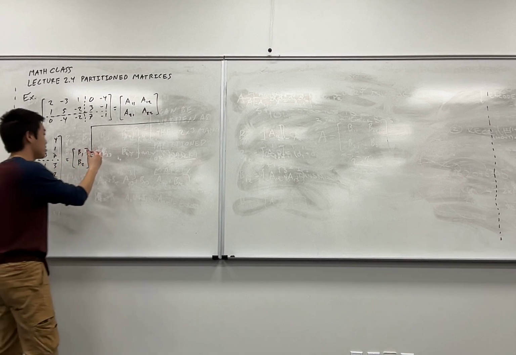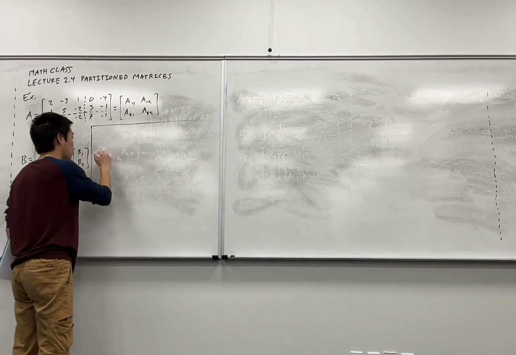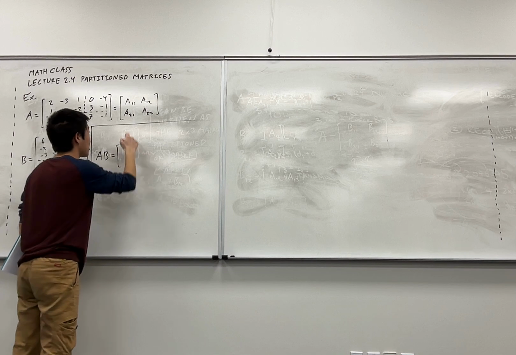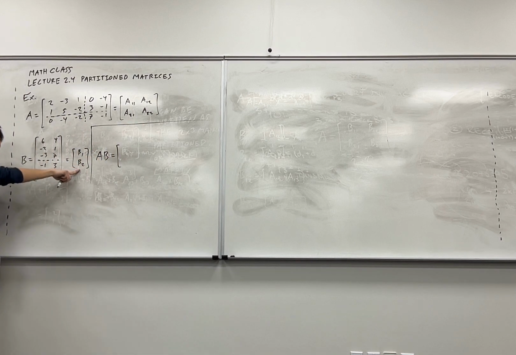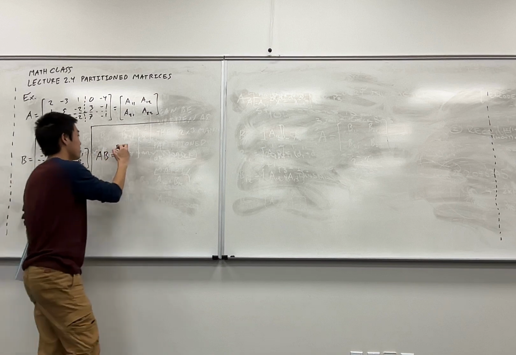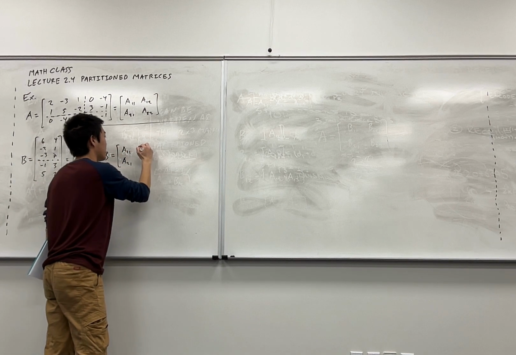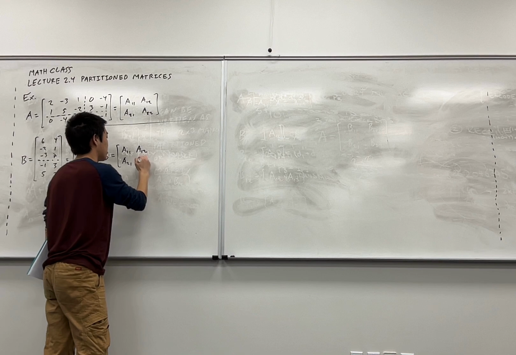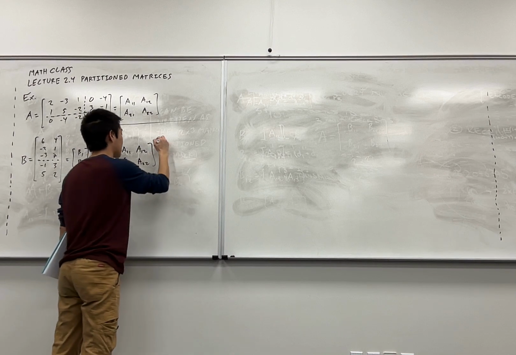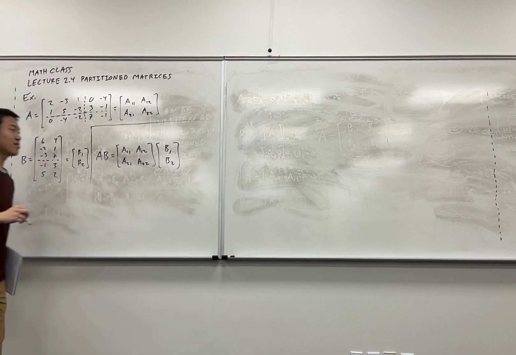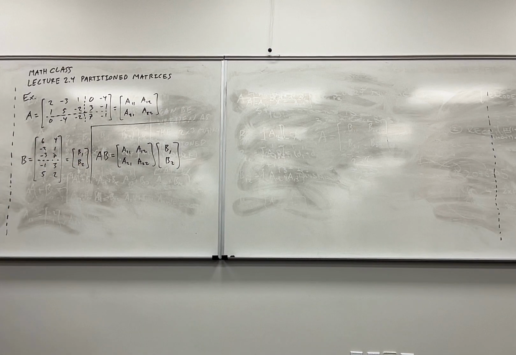And we can boil it down to this perspective instead. Because now my AB problem is really a 2 by 2 times a 2 by 1. Okay? So I got A11, A21, A12, A22. That's times now B1, B2. So we've switched the problem over to a 2 by 2 times a 2 by 1.